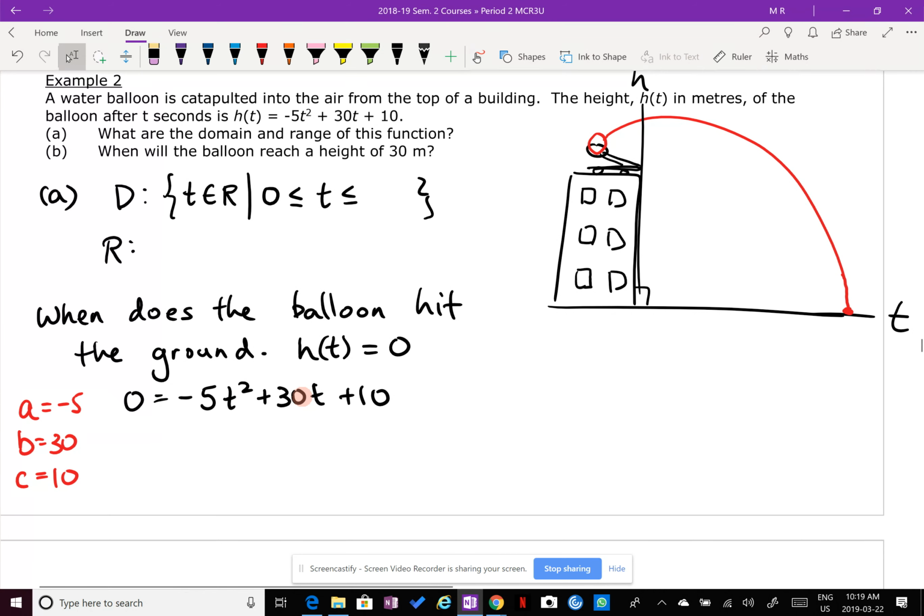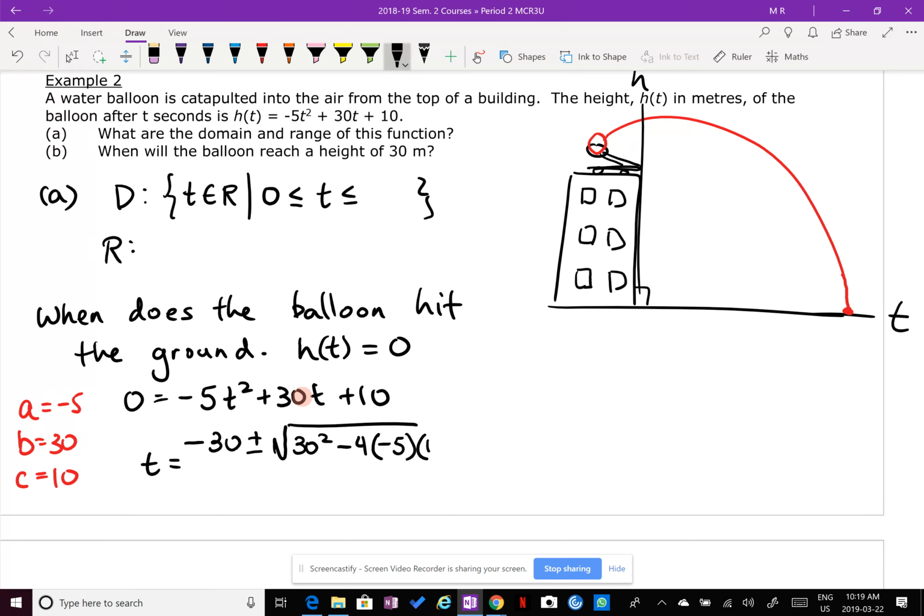Okay, and then if I take the quadratic formula, t equals, substitute your values into your quadratic formula. Negative b, so negative 30, plus or minus the square root of b squared, so 30 squared, minus 4 times a, which is negative 5, times c, which is 10, divided by 2 times a, so 2 times negative 5.